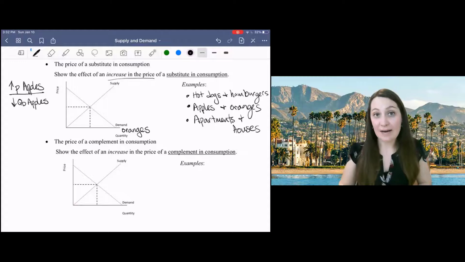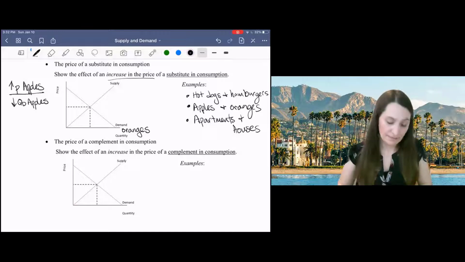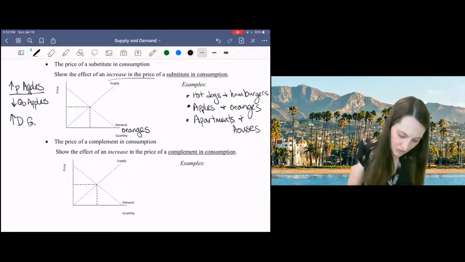What has happened is that apples have become more expensive relative to their substitute, oranges. This will increase demand for oranges.